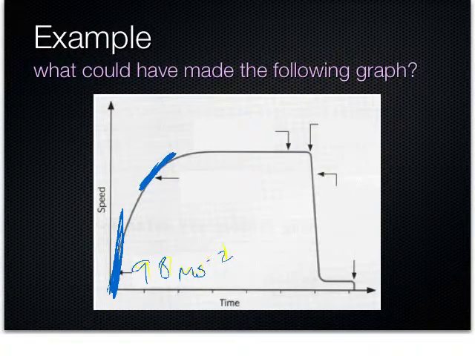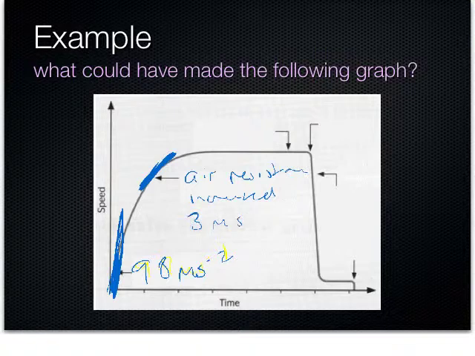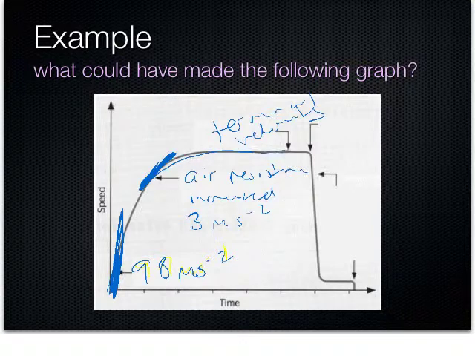Change in speed is getting less per second, so the air resistance has increased. Okay, so acceleration may only be something like 3 meters per second squared. Here we're at terminal velocity. Okay, so this thing has reached terminal velocity.